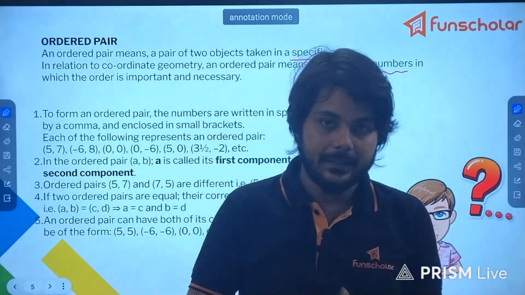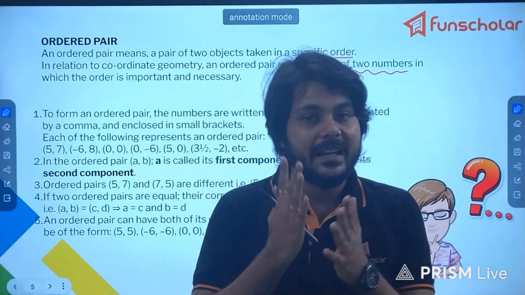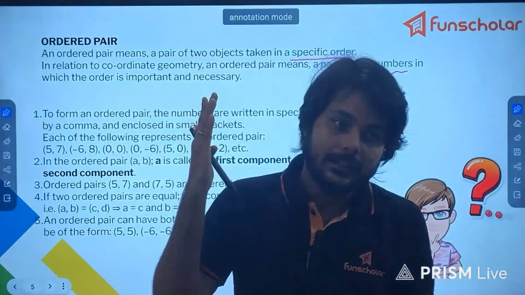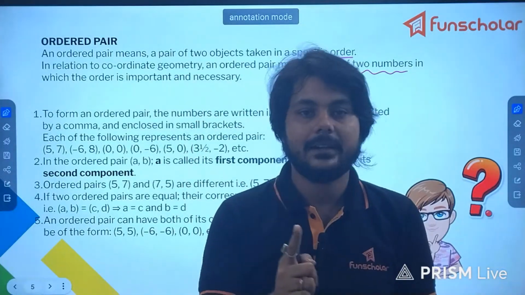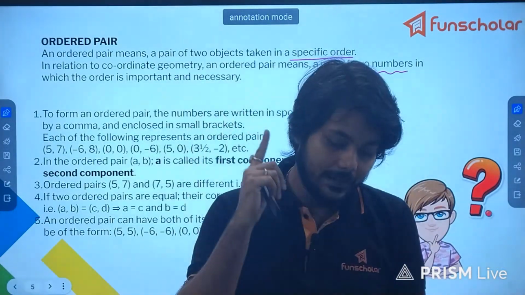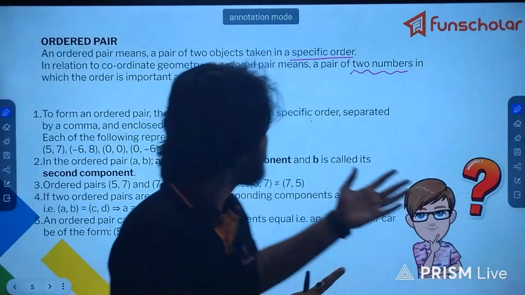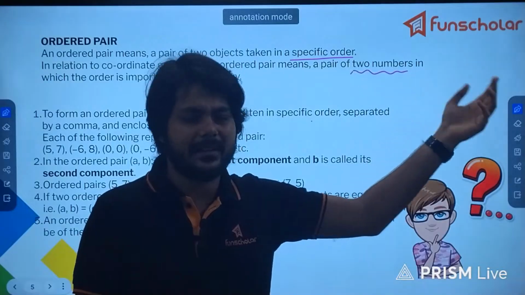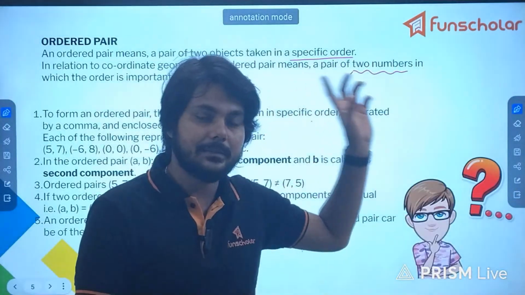The thing that I am saying to you, that maintaining the specific order is very much important and necessary, mandatory. You always have to represent the two numbers or the two letters or digits, whatever you have, in a specific order.